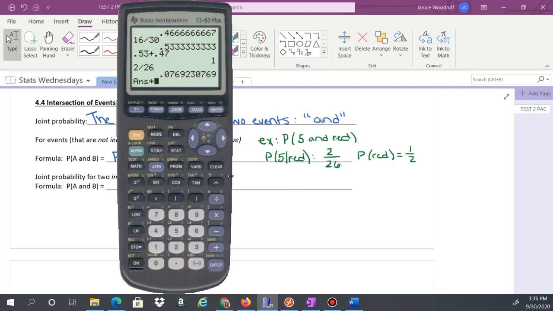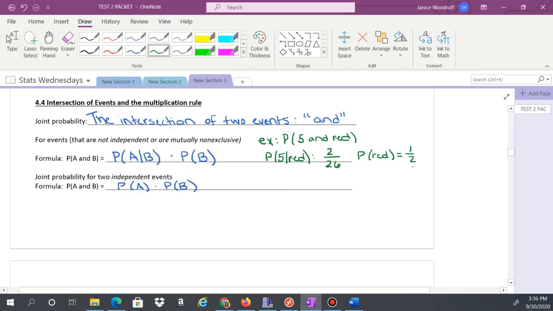Times 0.5. There's the probability, so 0.038. Okay, so we multiply 2 over 26 by 1/2, you get 0.038.